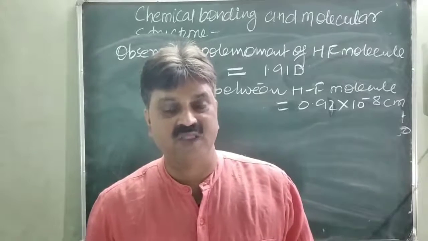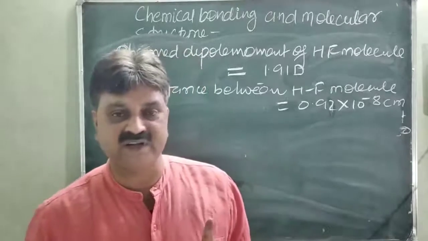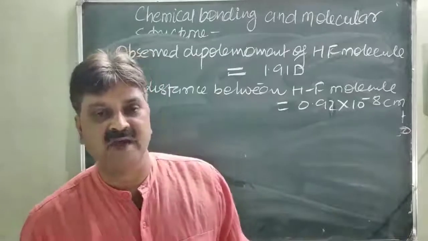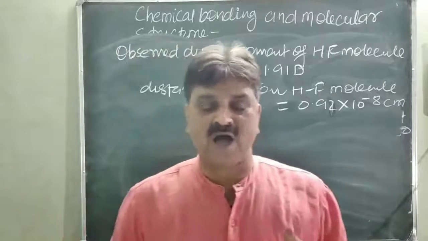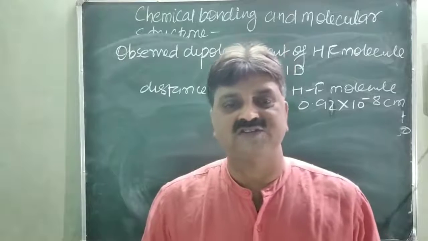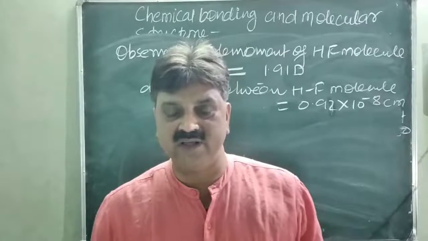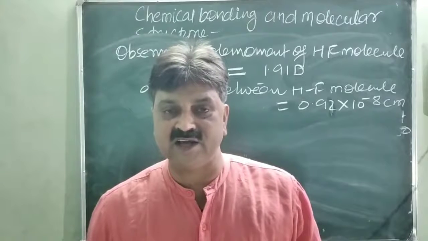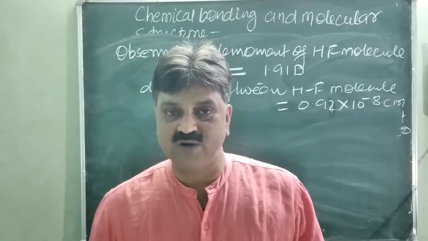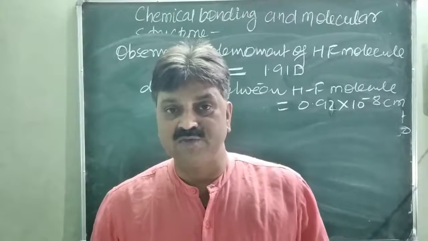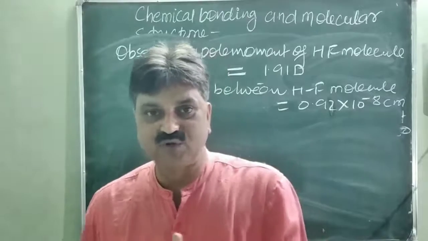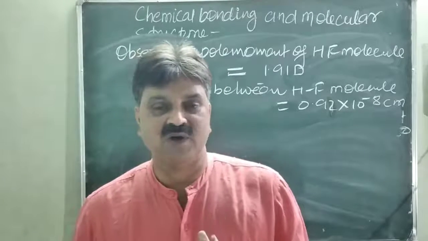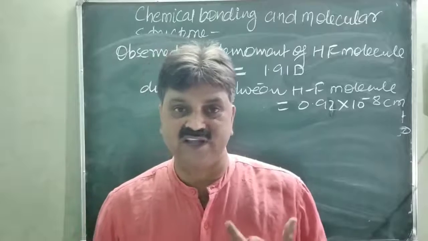Question repeated: what would be the percentage ionic character of the HF molecule when the observed dipole moment of HF is 1.91 D, considering 100% ionic bond, when the electron transfers from hydrogen to fluorine?